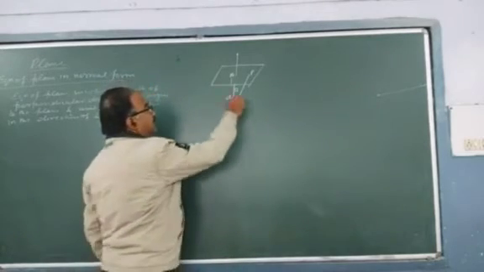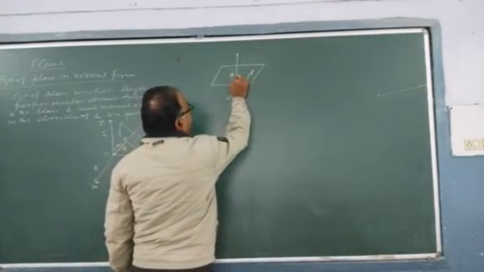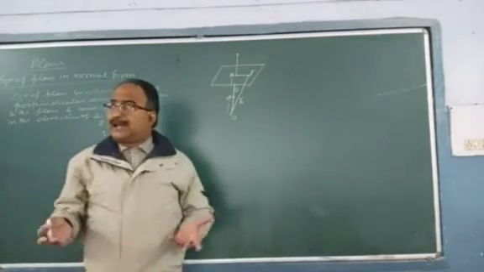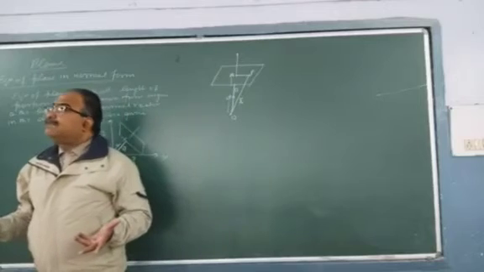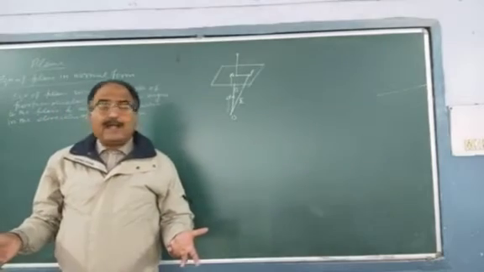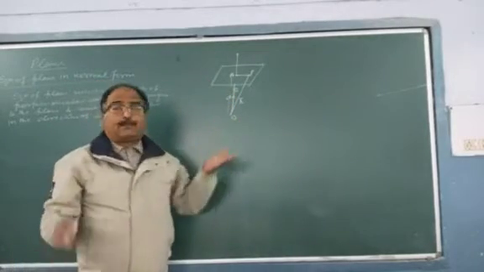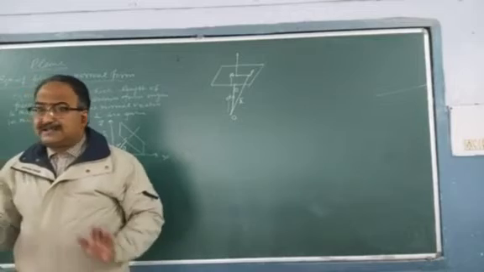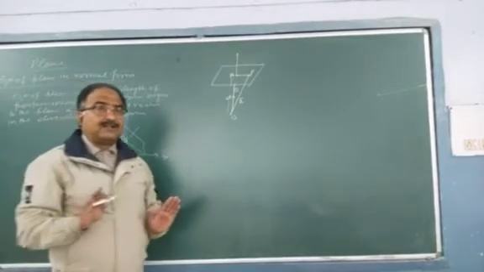And the second thing is, if you join AP, now AP becomes a straight line because A and P both lie on the plane, so AP is a line segment lying on the plane, and OA is perpendicular to the plane, so OA is perpendicular to AP. Is it clear? Yes, sir. Is it clear to everyone?